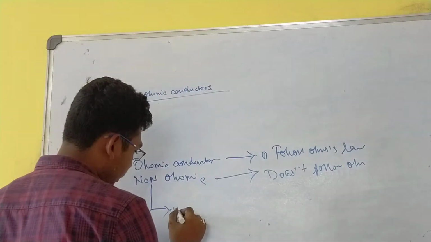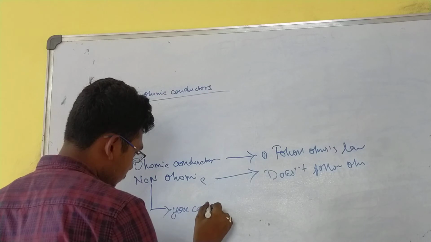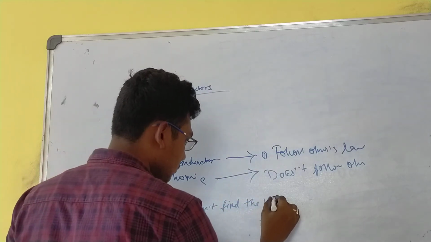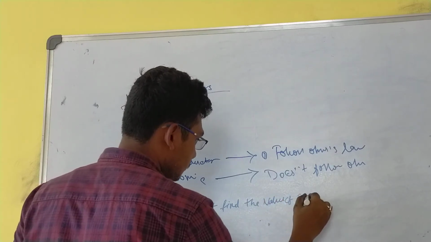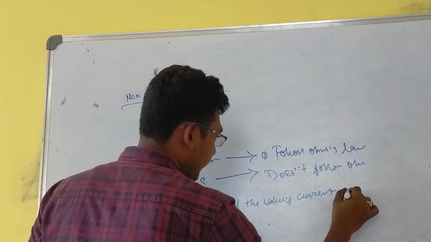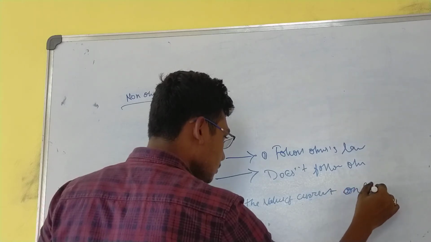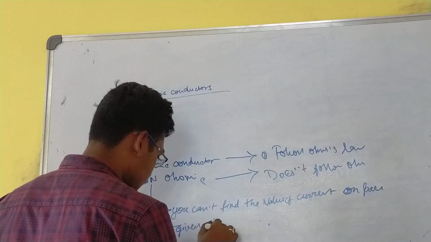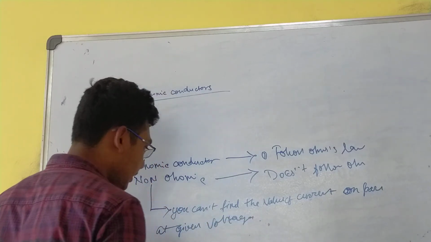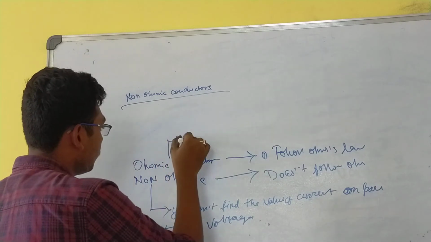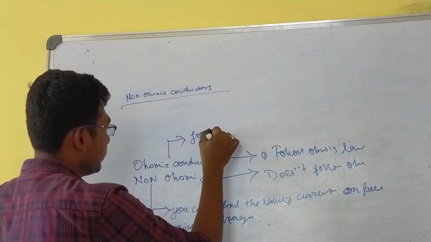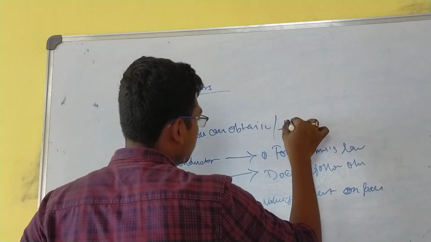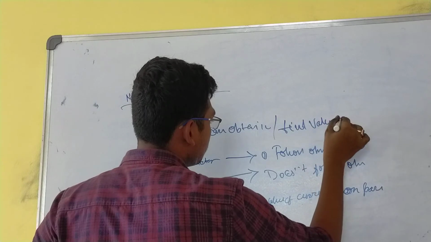For a non-ohmic conductor you cannot find the value of current on paper at any given voltage. For an ohmic conductor you can find the value on paper.